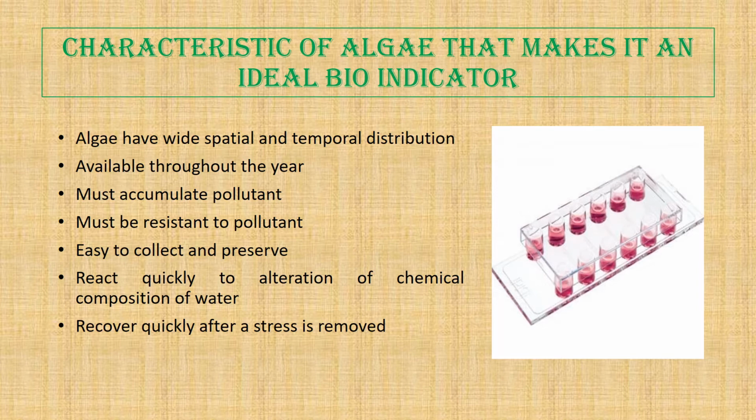And also microalgae or any other algae, they accumulate pollutant. They cannot move away from the source of pollution. They are fixed, so they have to face the pollutant, accumulate it, or become resistant to the pollutants.